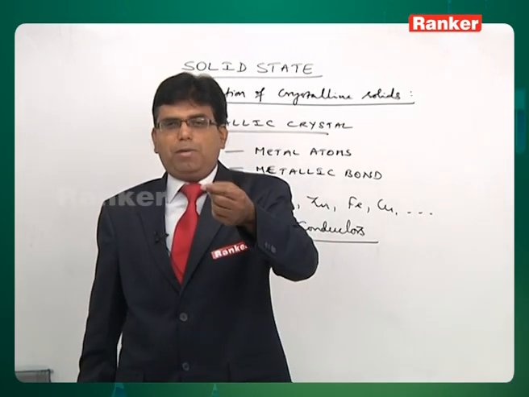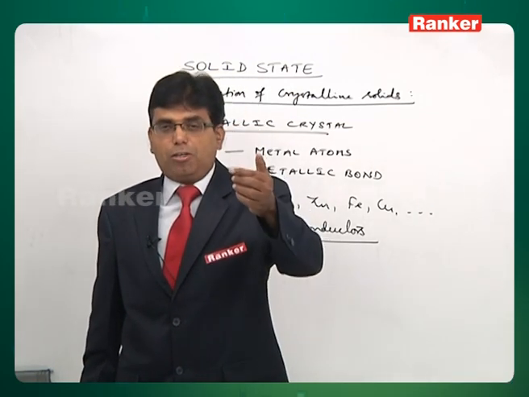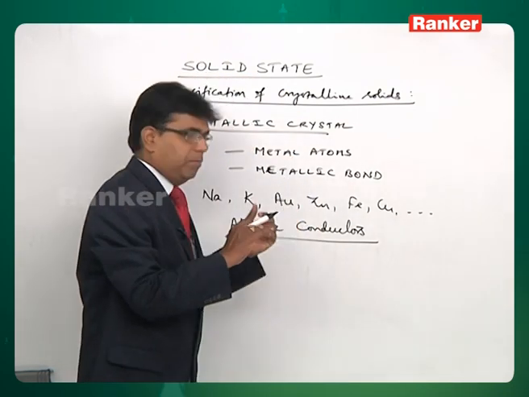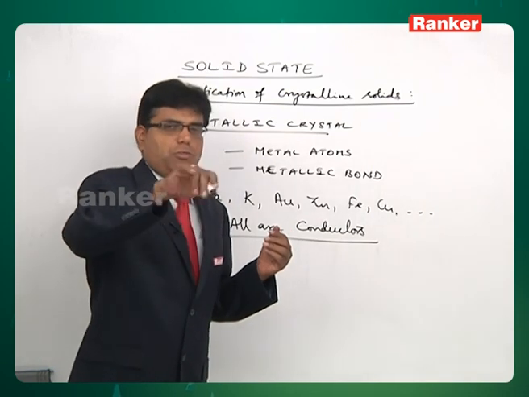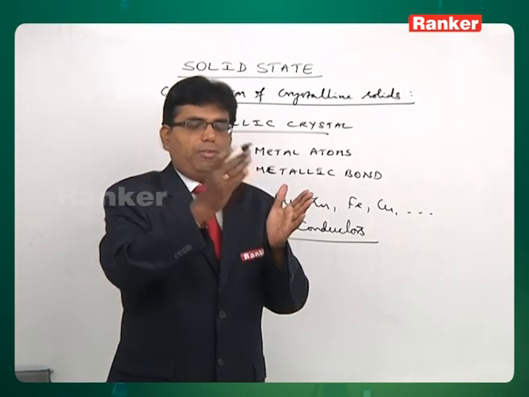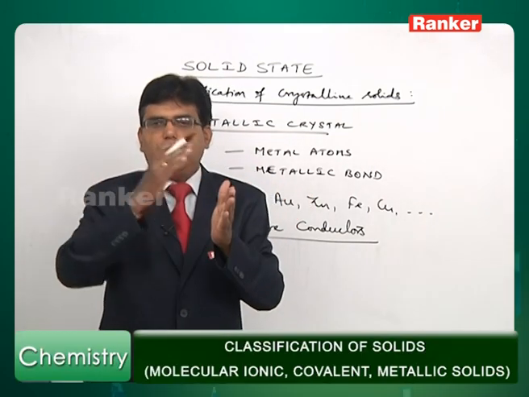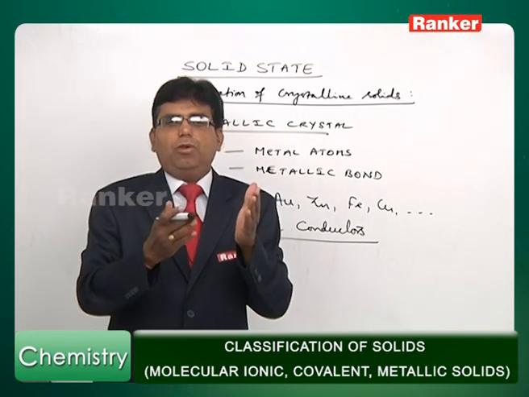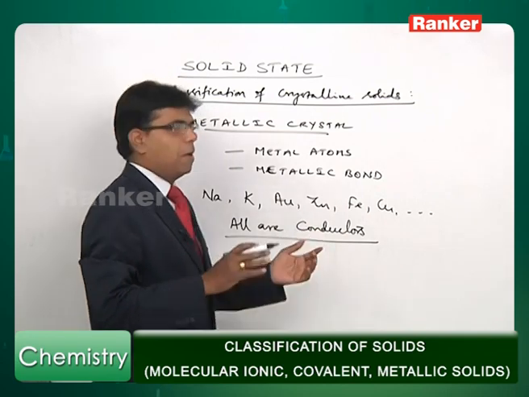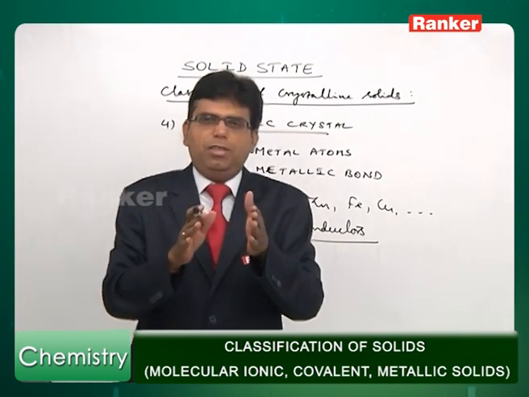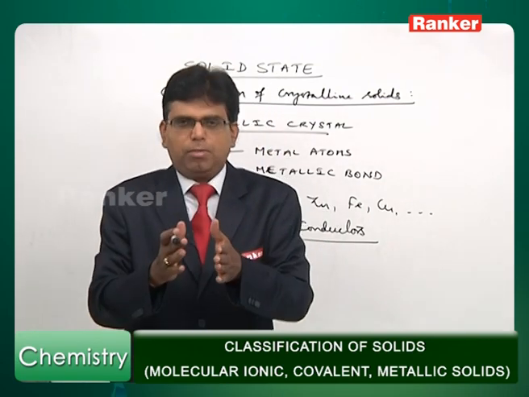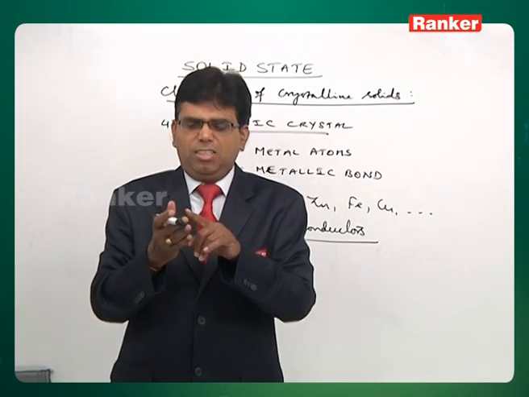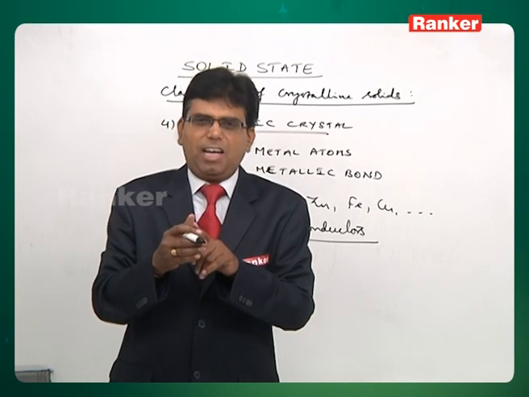Due to the presence of unpaired electrons and vacant orbitals, all the unpaired electrons of each metal atom will have free space to move, and so they will move from one atom to the other and keep moving in the entire lattice. As a result, they are good conductors. This is a basic classification of crystalline solids: covalent solids, molecular solids, ionic solids and metallic solids.